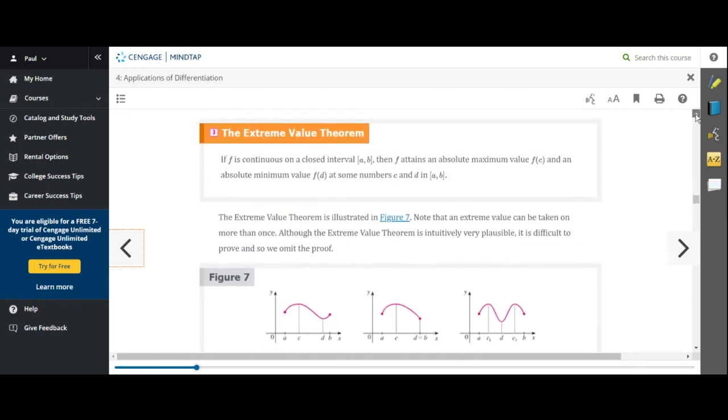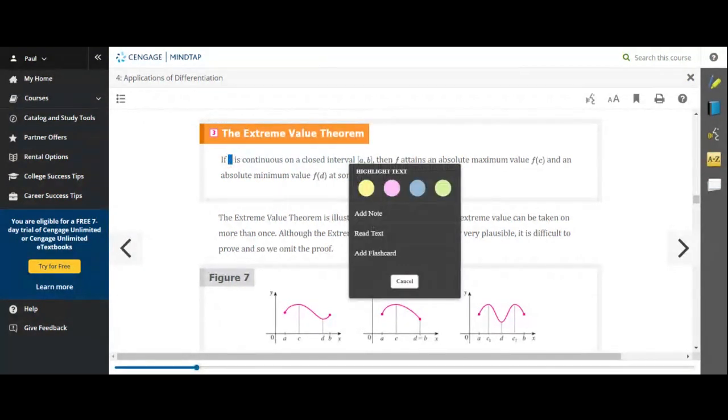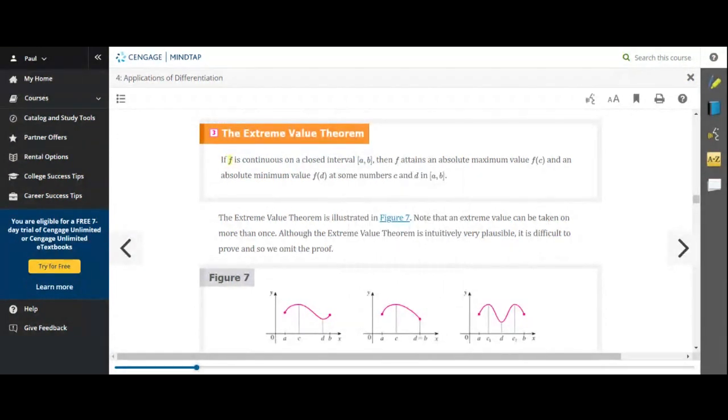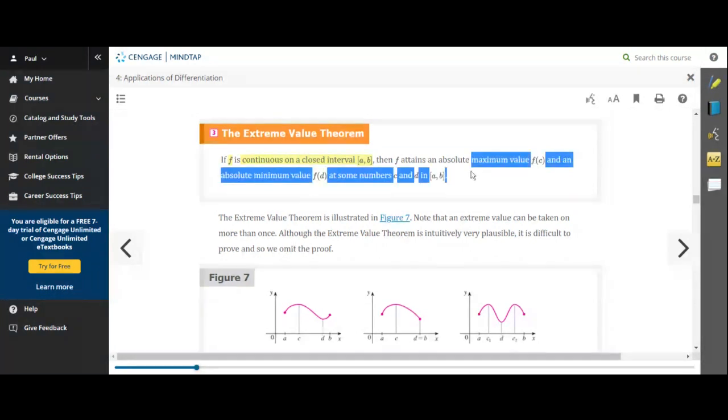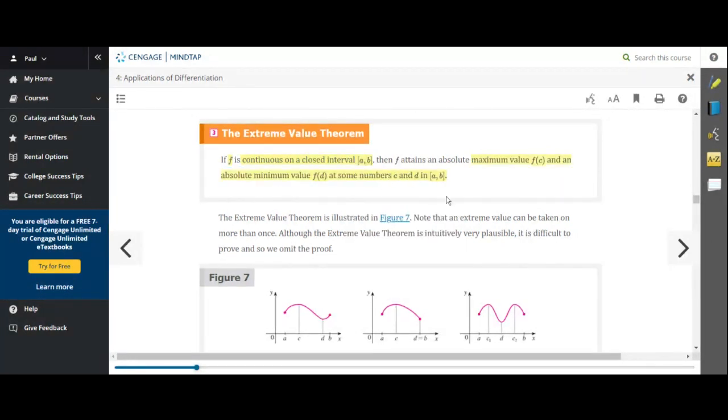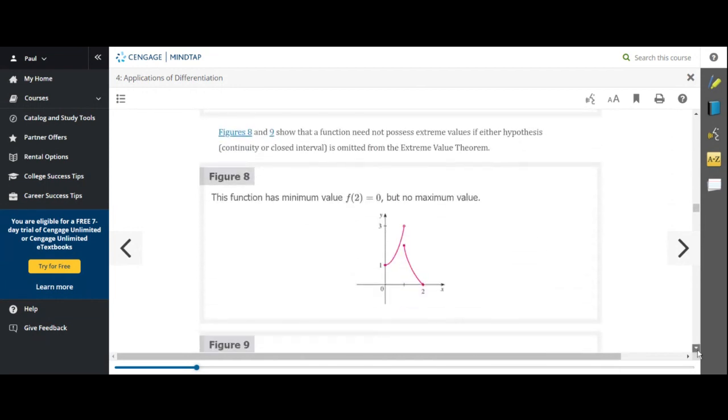But the extreme value theorem says if you have a continuous function on a closed interval, then f will attain an absolute maximum value and an absolute minimum value somewhere on that interval. It has to, because it's continuous. But in this example, figure 8, we didn't have a continuous function.